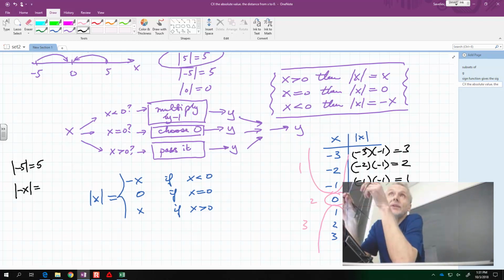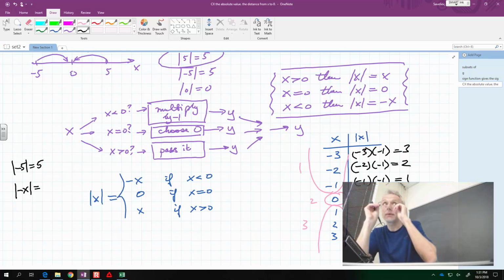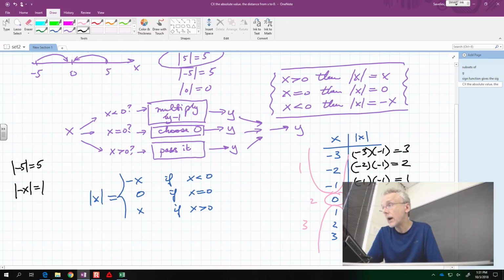If x is negative, then it's not working out, right? Because absolute value has got to be positive. So it's not x, but what? Anybody want to guess? Well, 5 or negative 5 give you the same number. So the absolute value of 5 or negative 5 is the same. So the answer is absolute value of x.